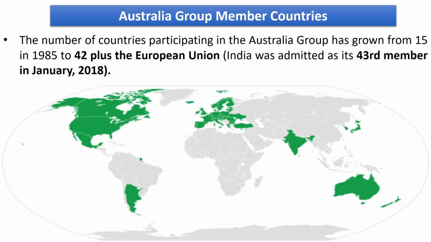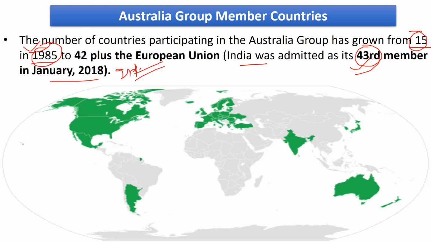As explained in the earlier slide, the first meeting of Australia Group was held in Brussels in 1985 with 15 member countries. Now the current membership of the group stands at 43 as India joined the group in January 2018. The details of India joining the group are explained in later sections.